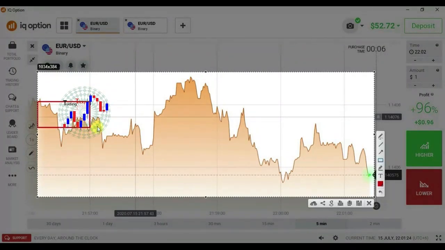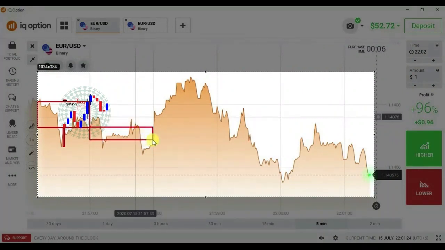It means this candle is strongly bullish. The upper side has only small wicks and the lower side has bigger wicks. After that, it started to go up, down, then finally closed where this is the closing point. Still, this is a red candle, and this time this is the lowest price. It means the candle made something like this. This is the highest price. So this is the candle.